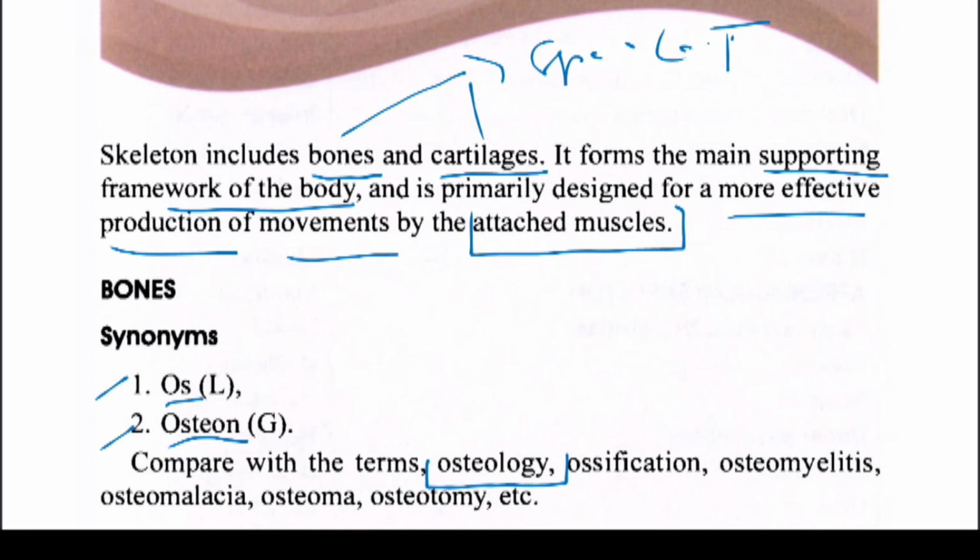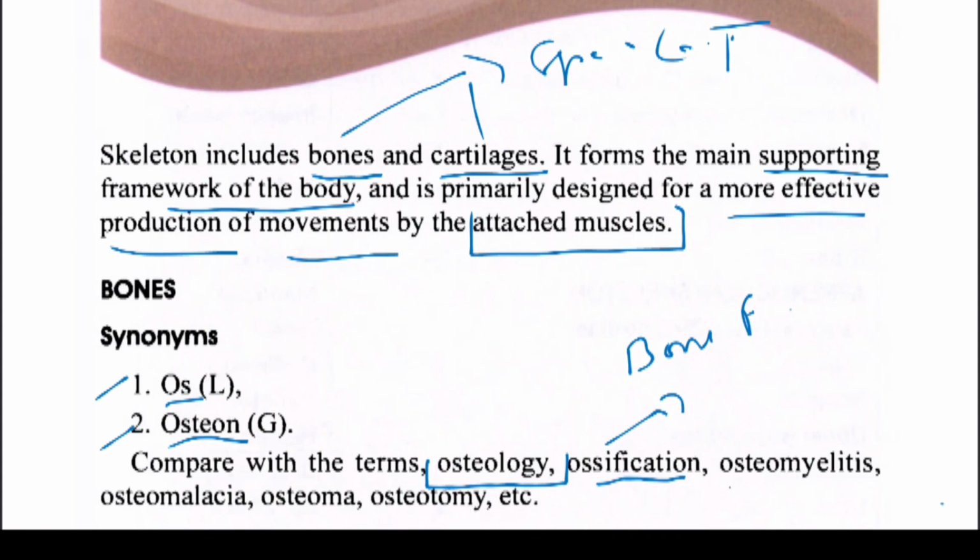Okay, then if we talk about ossification, what is ossification? Ossification is the hardening or calcification of the soft tissues, basically the process of bone formation. Okay, what is this? It is a process of bone formation in which soft tissues are hardened or calcified.